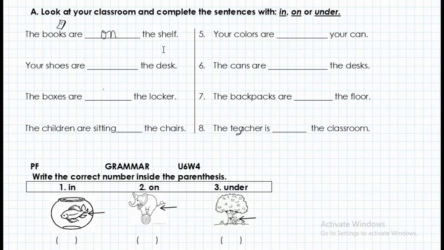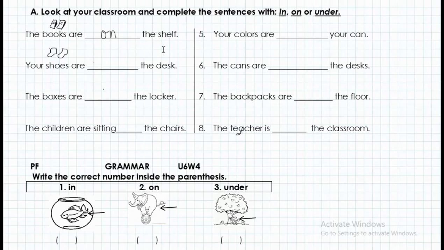Okay, imagine that these are books, just to help you with the meaning. And in the second case, it says your shoes are. Your shoes. Oh no, that was not a good drawing.